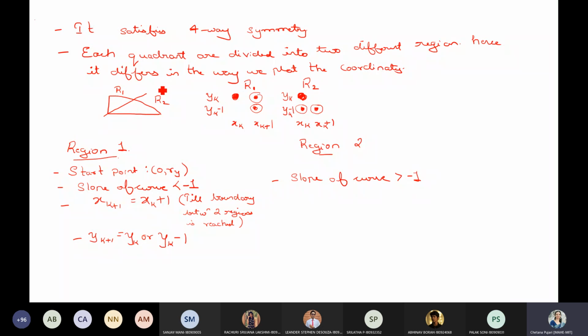So at the center point here the slope is equal to minus 1, whereas here it is less than minus 1. Here the slope is greater than minus 1, and your y of k plus 1 is decremented at every iteration till the end of the quadrant.